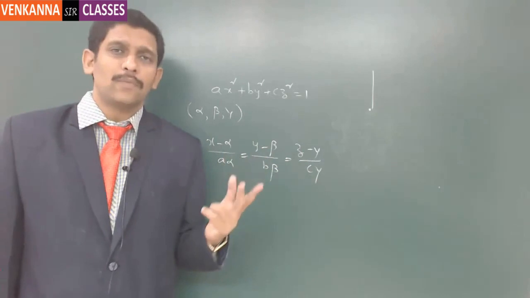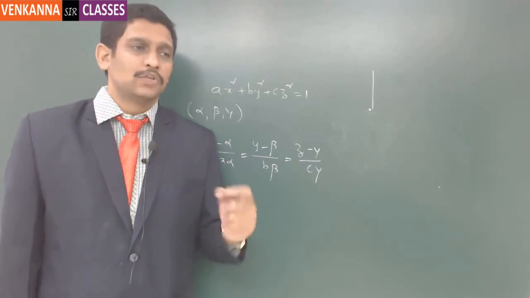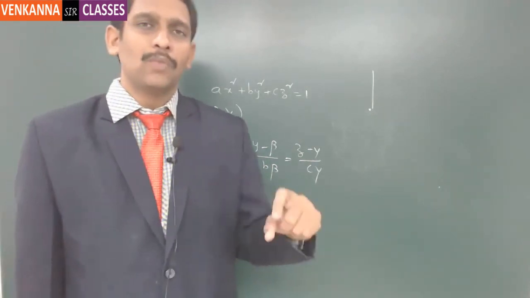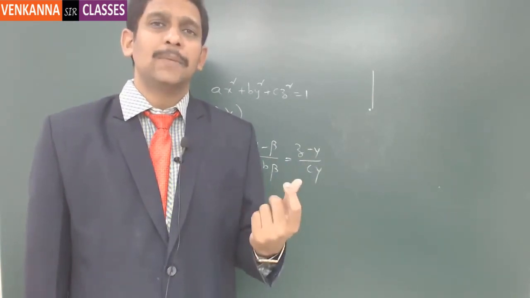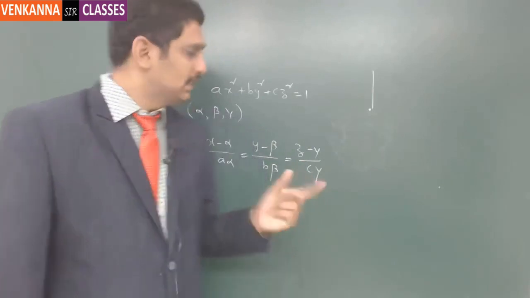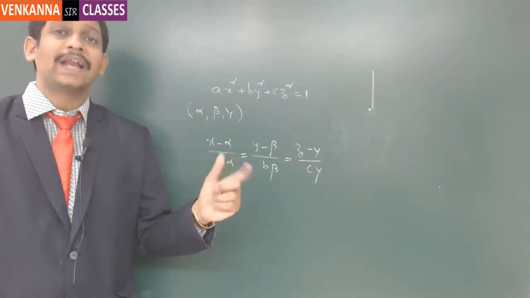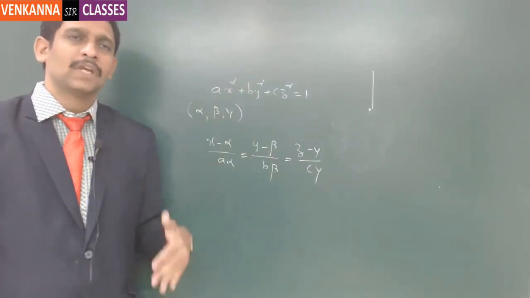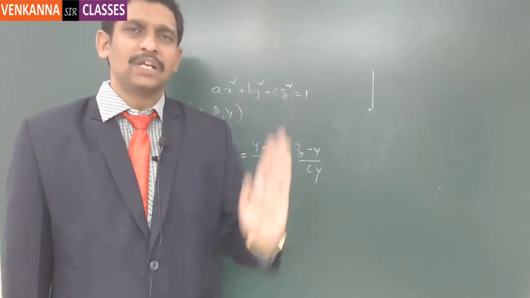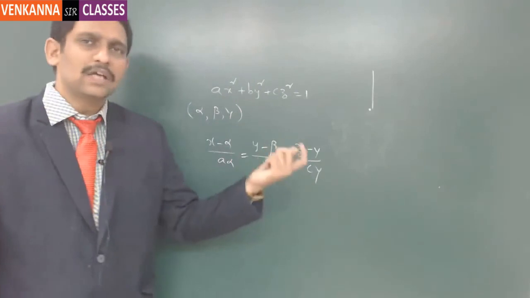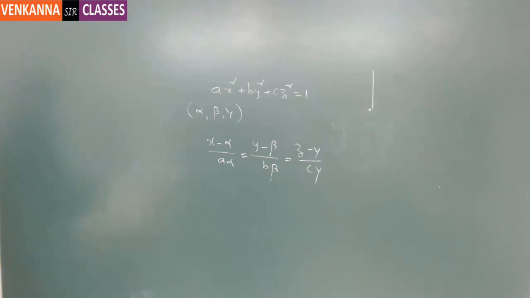Actually, there are two formulas while writing the normal equation to a conicoid. Occasionally we are going to solve problems based on the distance criteria. In that case, we will write the equation of the normal using the actual direction cosines of the line. Apart from that, for general problems, we consider the normal equation of the line where the drs are in the denominator. Please take a note of that.